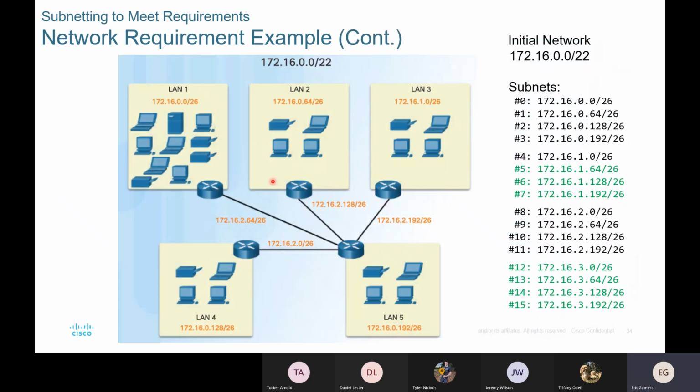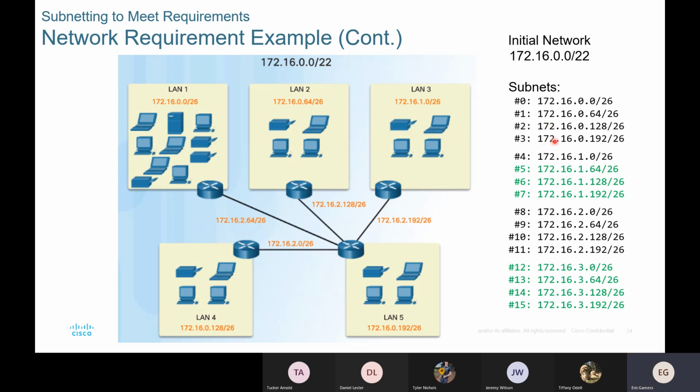Okay, so this is the same exercise with the 16 networks. We have 16 networks in total. And as you can see, this is network number 0. We assign it to this LAN. Network number 1, we assign it to this LAN, LAN 2. Then we assign network number 2 to this LAN.